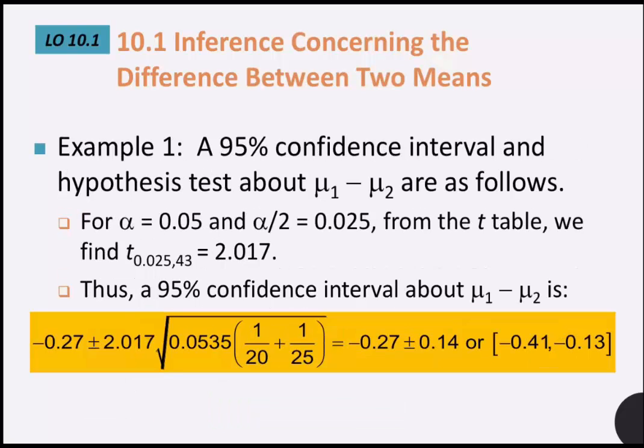So what we want to do here, this sort of jumps a step, I think, so I want to write it out for you. We're calculating the difference between mu1 and mu2 here, and so if you remember from the previous slide, we've got 1.68 is the amount of nicotine in the cigarettes in group 1, and then we want to subtract from that 1.95. And that difference turns out to be right here, this negative 0.27.